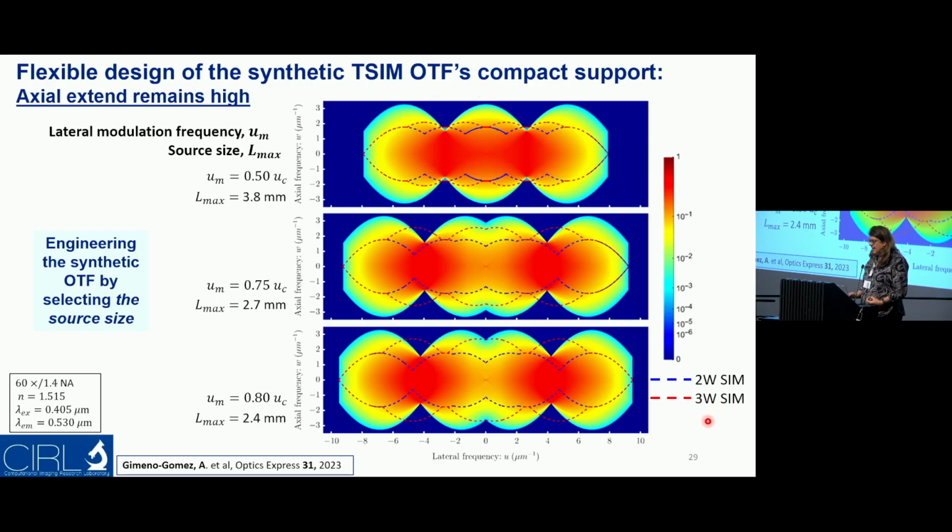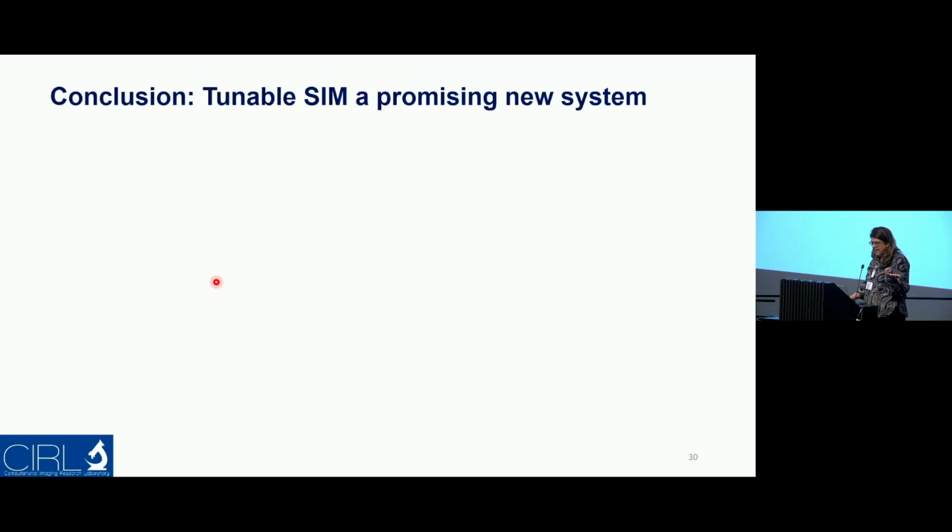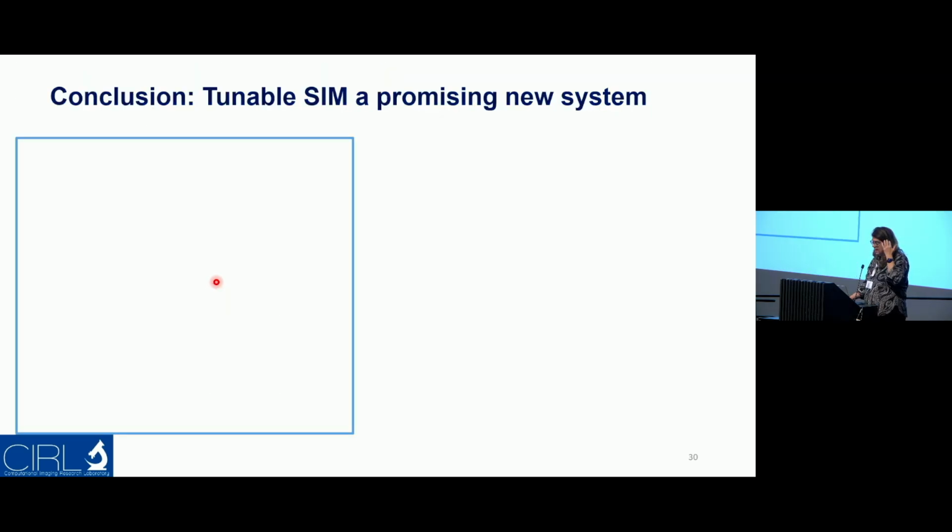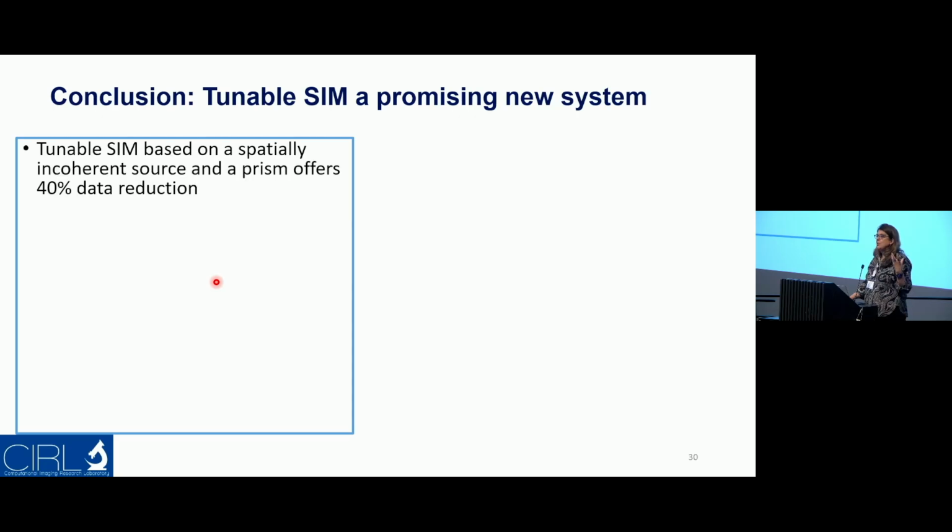The dashed line is the outline of the 3-wave SIM, and you can see that there are differences in that we can always maintain the 3D resolution in our instrument even when we reduce the lateral modulation frequency, which can be important for some applications where you cannot have high modulation frequency, if you have scattering and thick samples.